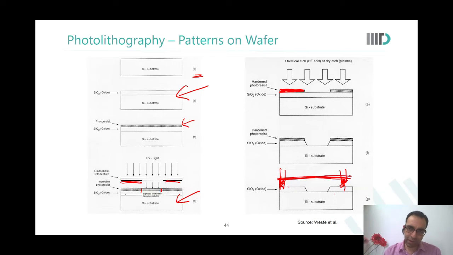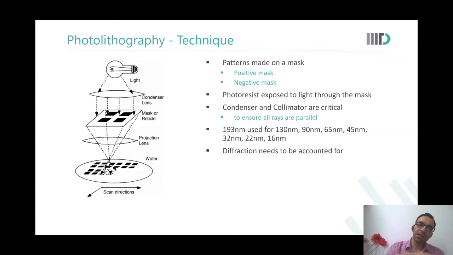Okay, we will exemplify it a little more in a few minutes. But what is essentially happening is that you have a light source and a condenser. So we are talking about optics now. What does a condenser do? It makes all the rays of light parallel.